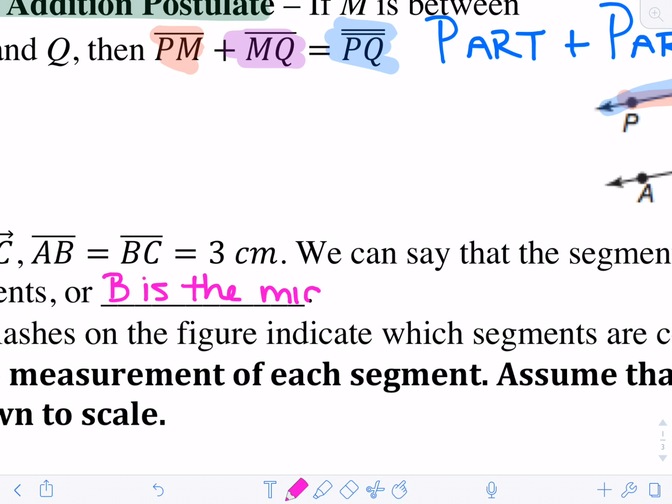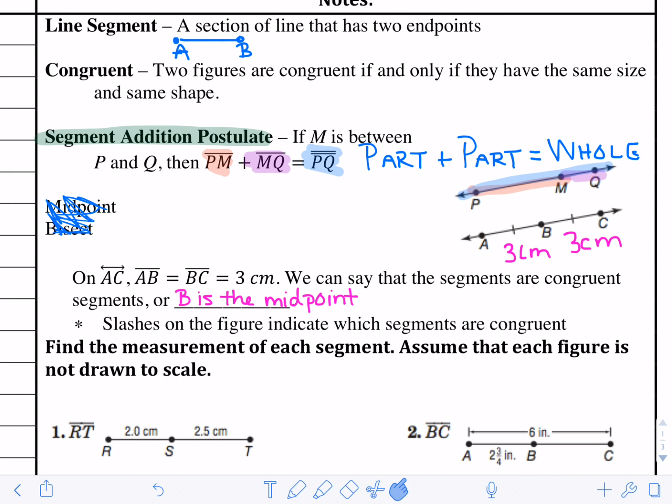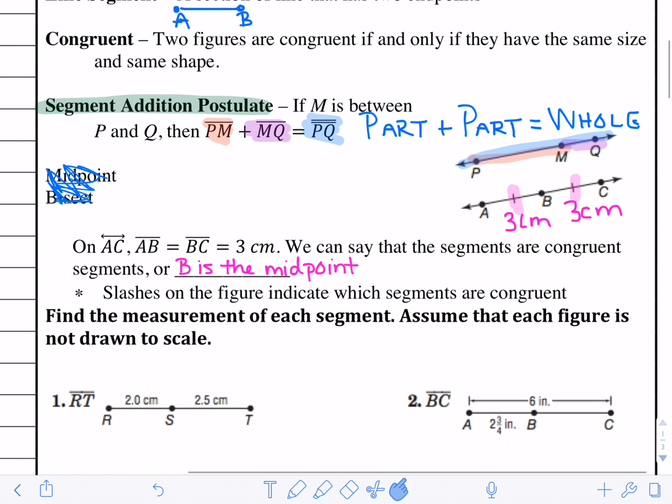That just tells you that because those two pieces are equal, then that point in the middle is the midpoint. Slashes on the figure indicate which segments are congruent. So whenever you look over here at the picture, this little slash and that slash tell us those two pieces are congruent.